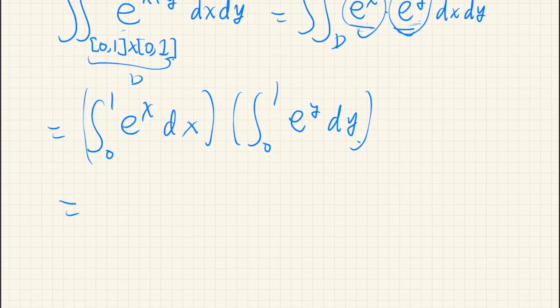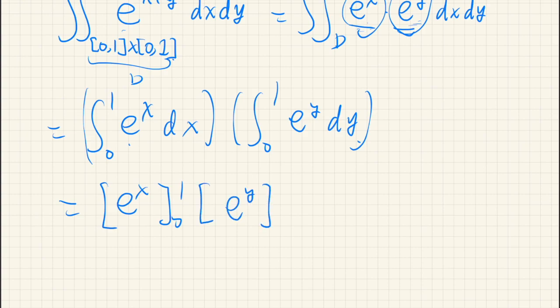If we integrate this, it's just the exponential function, so that's e minus 1, and the same here, so the result is e minus 1 squared.